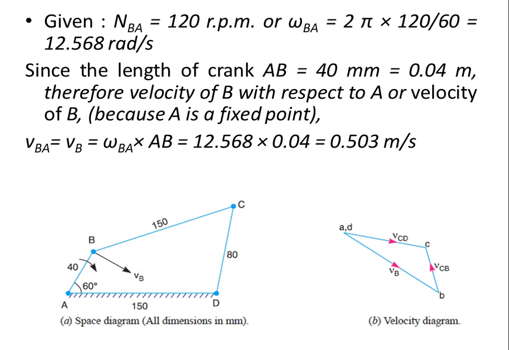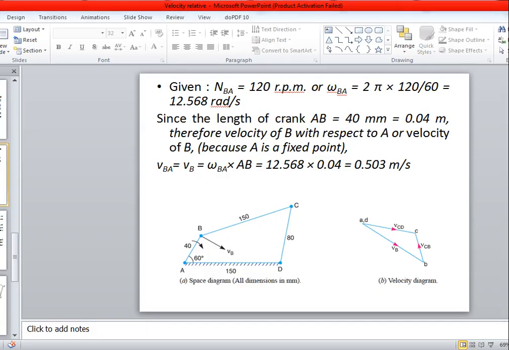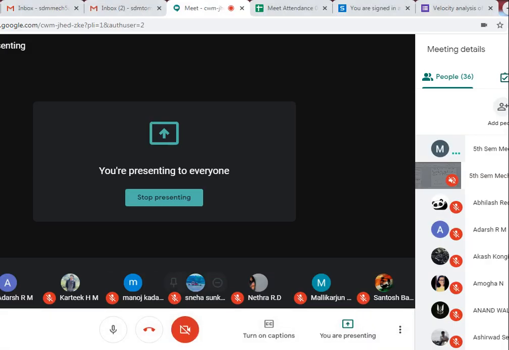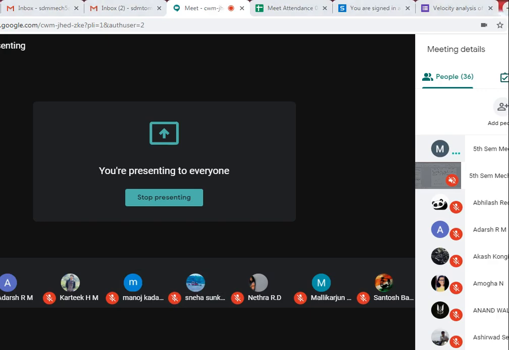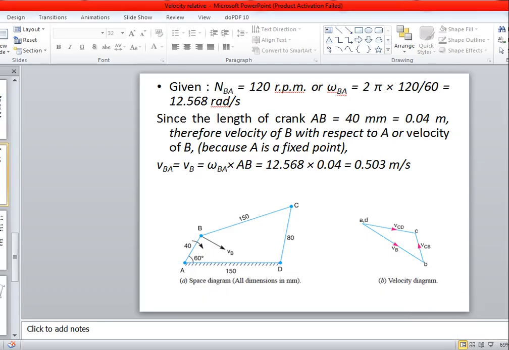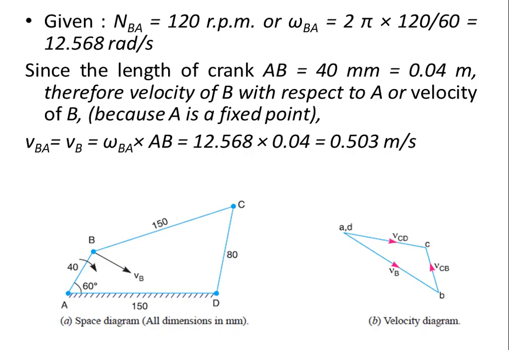So first construct ABCD. First AD is fixed at 150 mm. Then take an angle of 60 degrees.